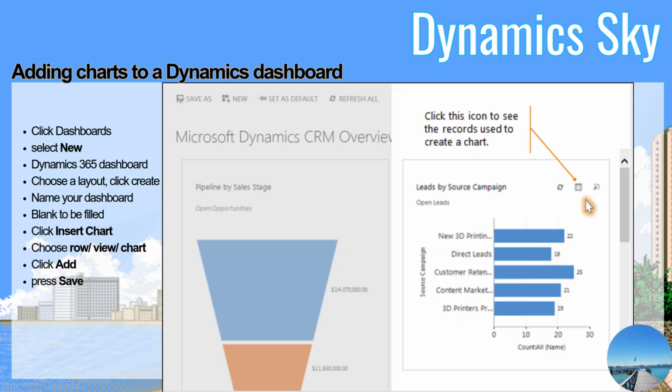Also, if you want to add charts to your Dynamics dashboard to view your charts all together in one report, you can make a dashboard to display charts and data by starting a new dashboard. Firstly, click on Dashboard, then click New, and then Dynamics 365 Dashboard.